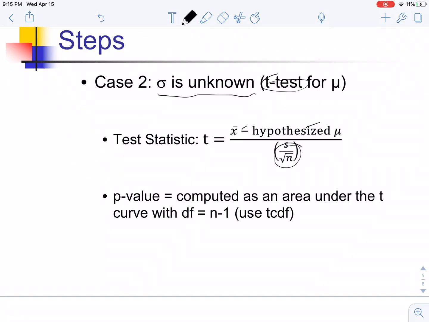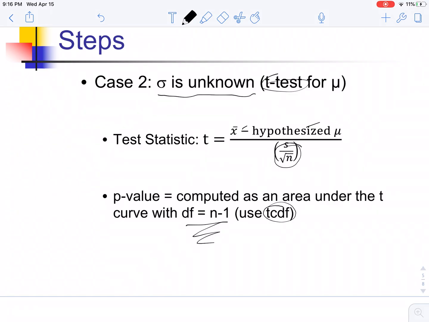So remember, we're using t when we're using s instead of sigma. Once you have that t statistic, you want to calculate a p-value. The p-value is using the tcdf TI calculator function. You have to, though, use the degrees of freedom. The degrees of freedom formula for this type of problem is just the sample size minus 1, so n minus 1, so pretty easy calculation there.